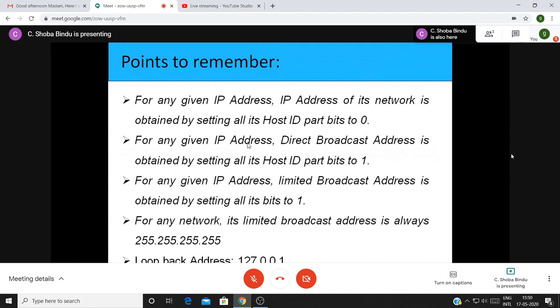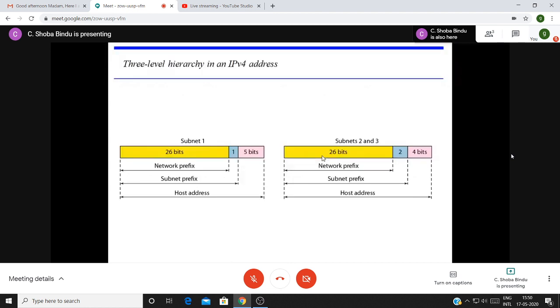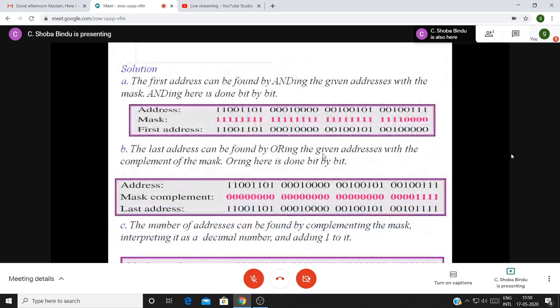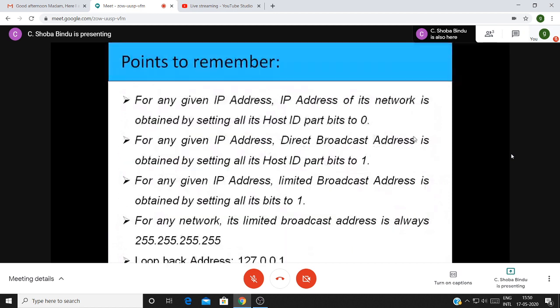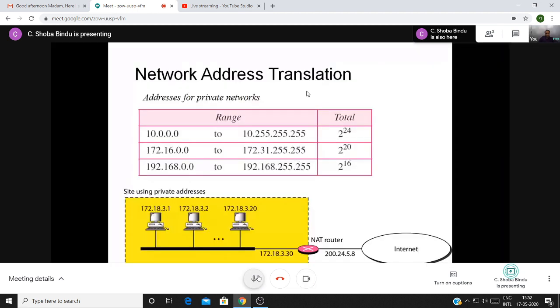If you set all the host ID bits, the least significant bits, to ones, then it is for broadcasting. The direct broadcast address is obtained by setting all its host ID parts to 1. So on a particular network, if you want to broadcast, you use that address.